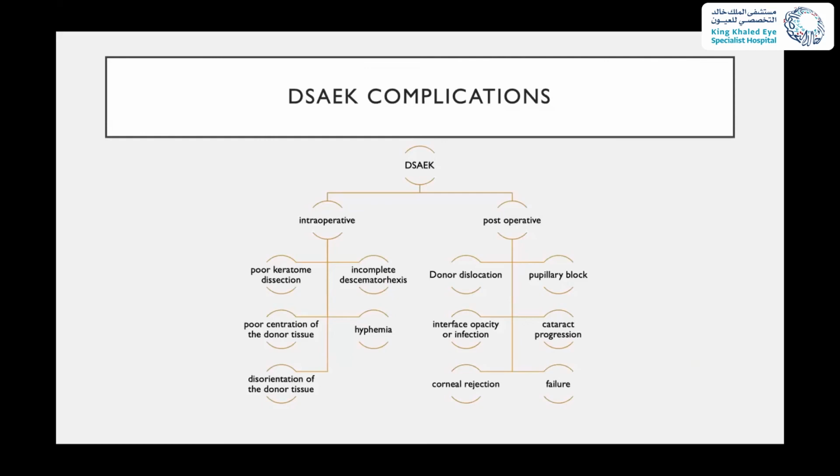Pupillary block as well is one of the complications after DSAEK. If the release of the intraoperative air was inadequate or the patient leans forward, a pupillary block may occur. Sometimes the air bubble migrates behind the iris, and this will close the angle and cause a shoot up of the IOP.